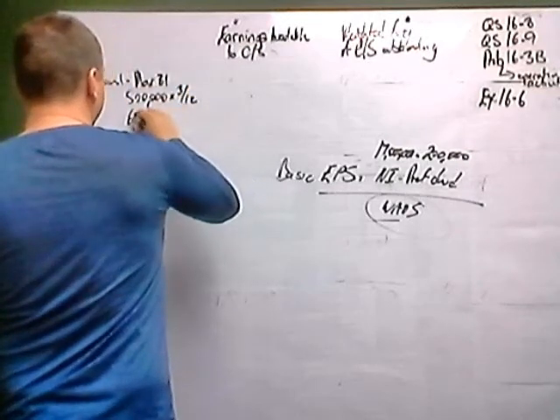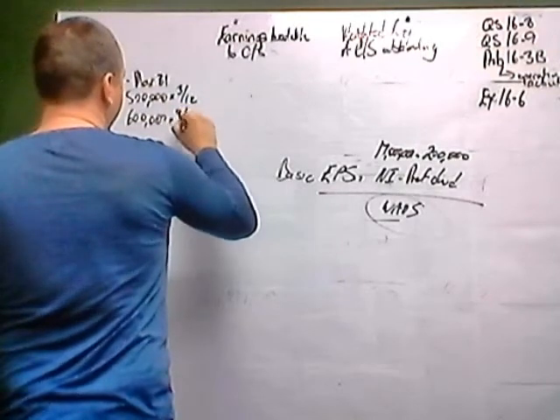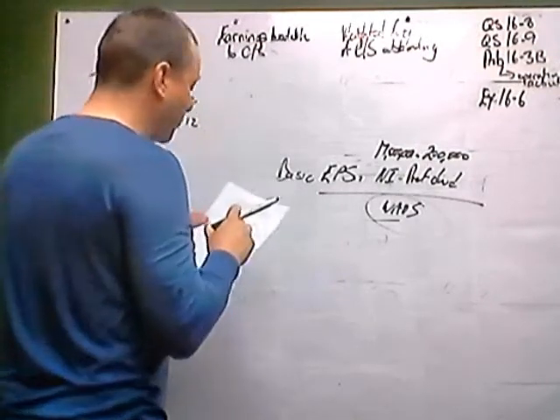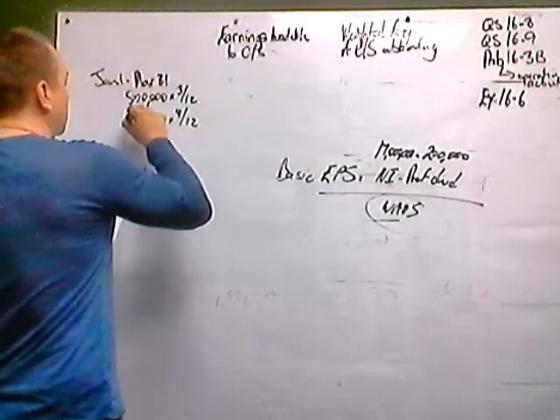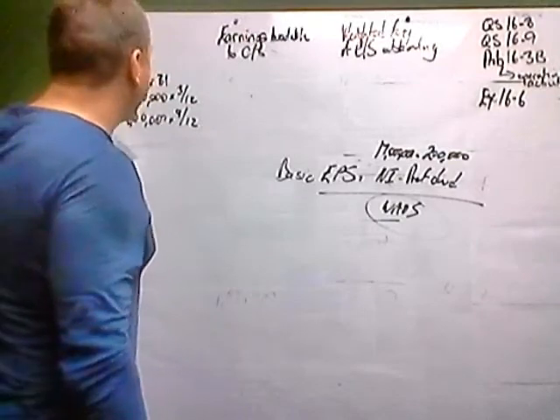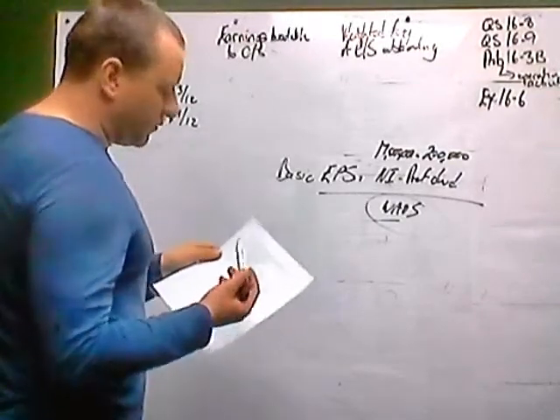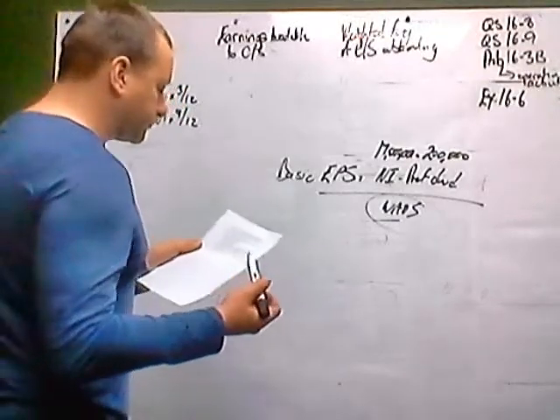Then we go to 600,000. Sorry, million. 5 million and then 6 million. Why 6 million? Because they issue another 1 million common shares.